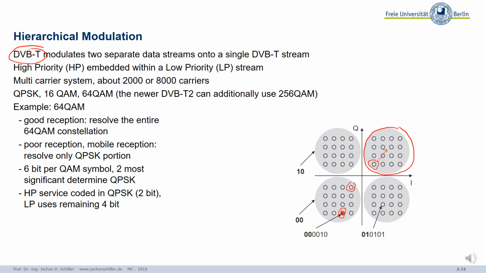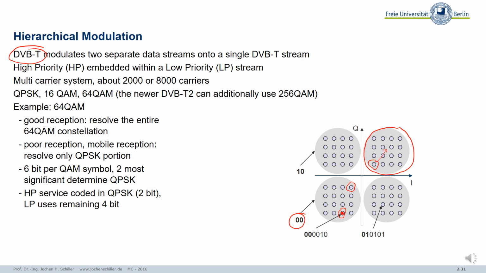So that means at least we can decide what are those 2 bits, those higher order bits, and they have a higher priority. So in case of interference, we at least know what those 2 bits are, the high priority bits. We don't know what those low priority 4 bits are, but we know it's somewhere in here. And now we code the more important parts of the picture in the high priority bits and the less important part in the lower priority.